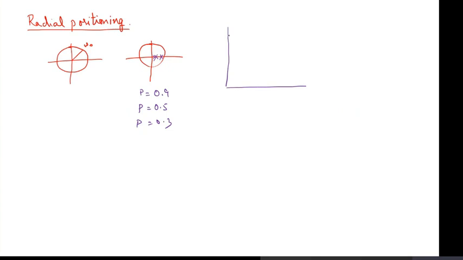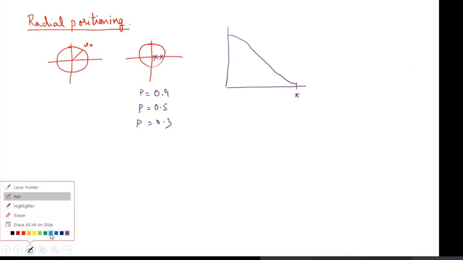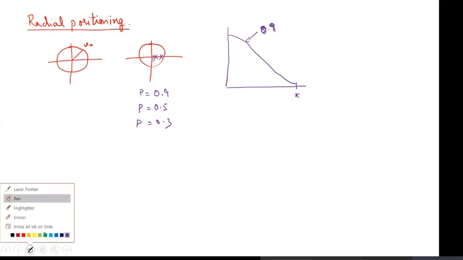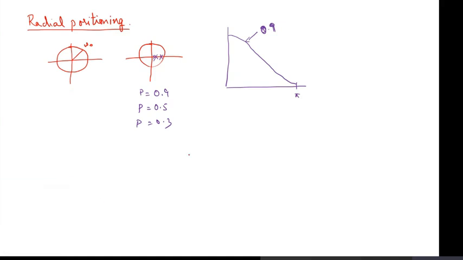First, for 0.9, you should get something like this. This is for 0.9. Second, when we go for 0.5, maybe slightly upper.